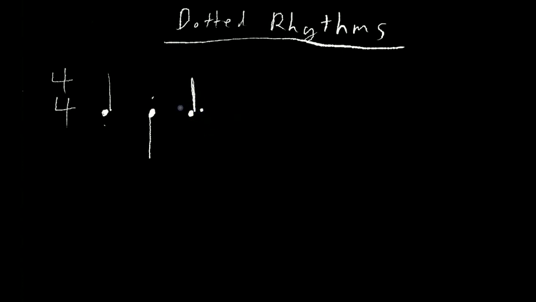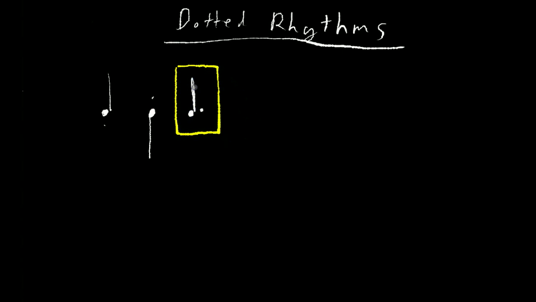And let me actually just circle this, because now I want to explain what a dotted rhythm is, kind of. And let me actually erase that time signature, because I don't want to get confusing right now. What a dot does to a note is, if we have a note, so if we have a quarter note, let's just make this a little bit more abstract.